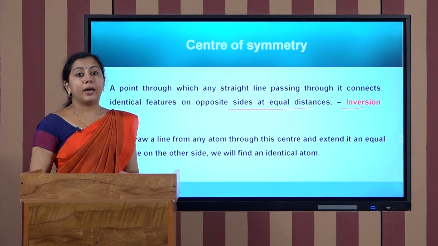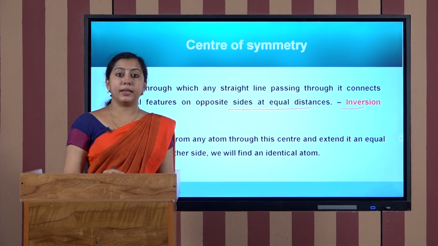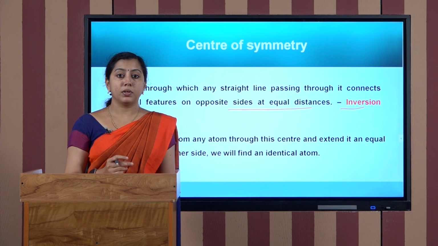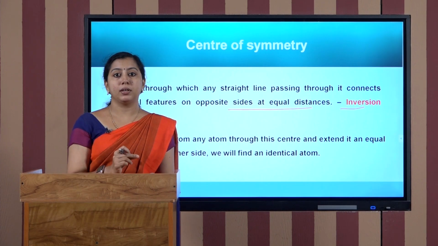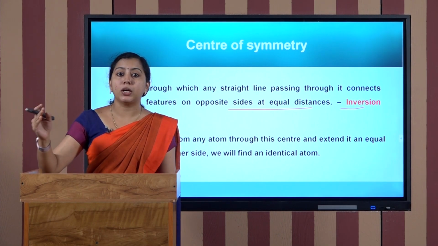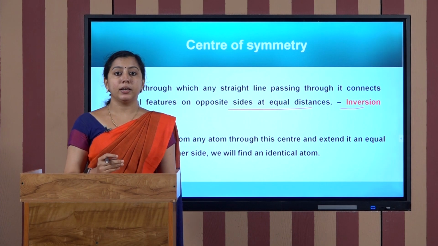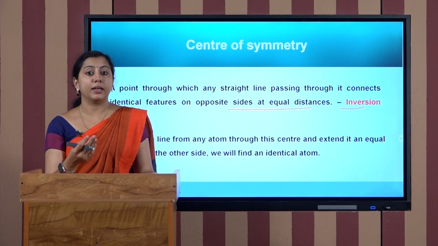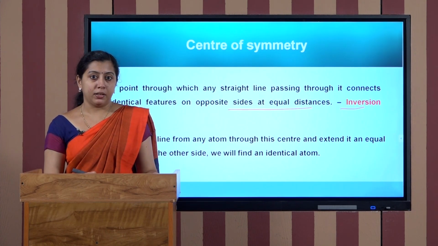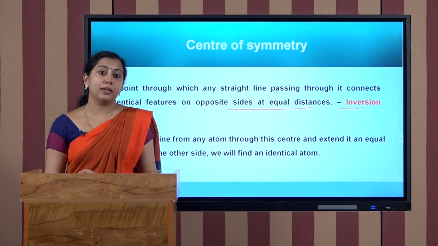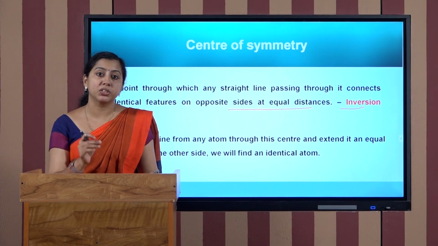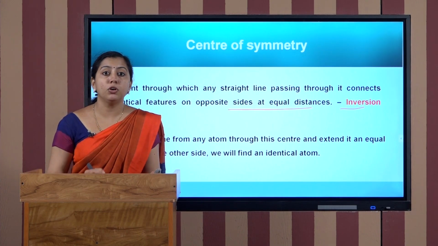That is, if we draw a line from any atom through this center point and extend it to an equal distance on the other side, then we can find an identical atom. If it is so, then we can say that that crystal possesses an inversion center or a center of symmetry.